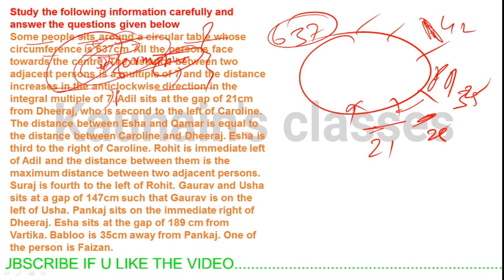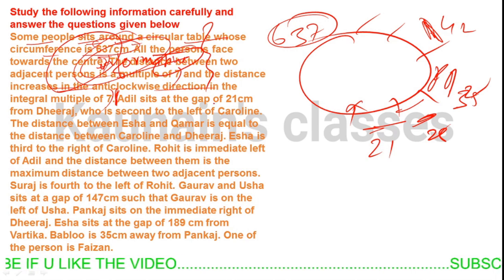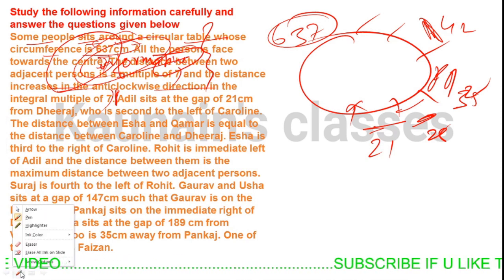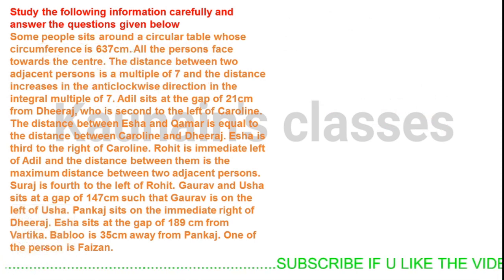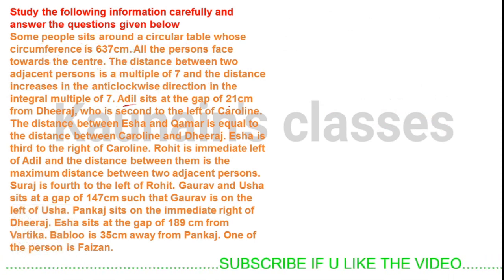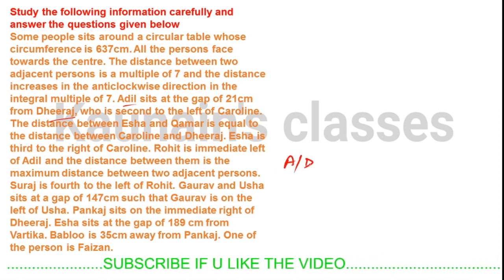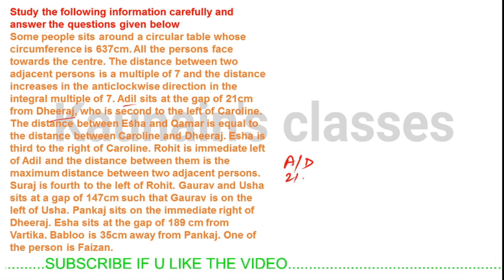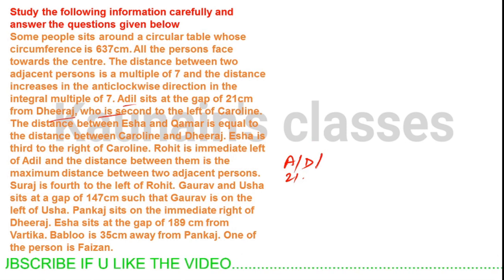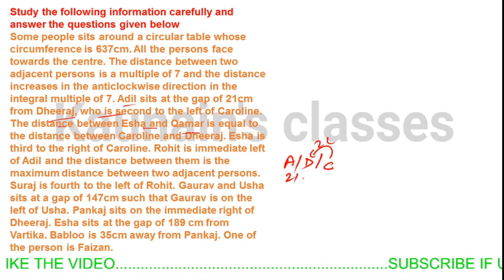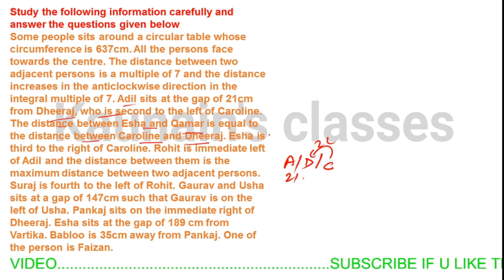We can deduce only this from the introductory lines, so our main hints start from here. Adil sits at a gap of 21 centimeters from Dheeraj, who is second to the left of Caroline. The distance between Isha and Kamar is equal to the distance between Caroline and Dheeraj.